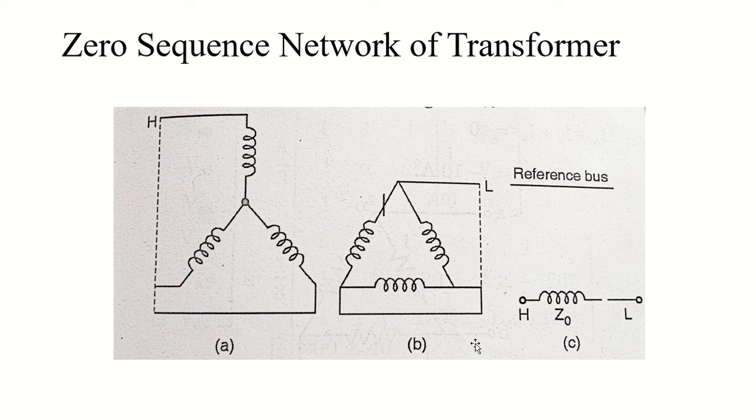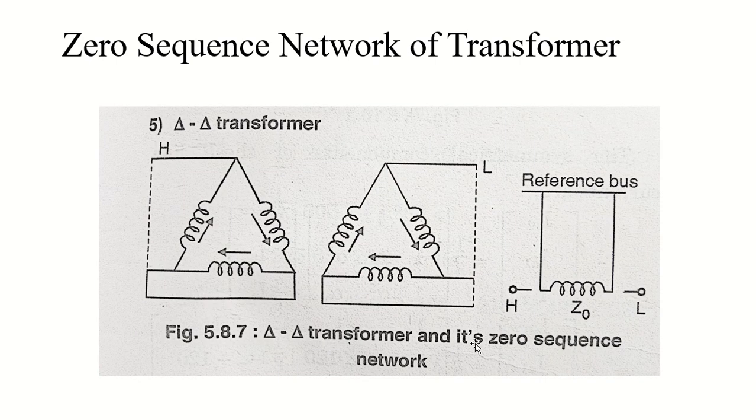Because of that, the value of my zero sequence impedance here will be infinity, and as the impedance is infinity, there will be no zero sequence current able to flow through my transformer windings. So that was your delta star with delta ungrounded.